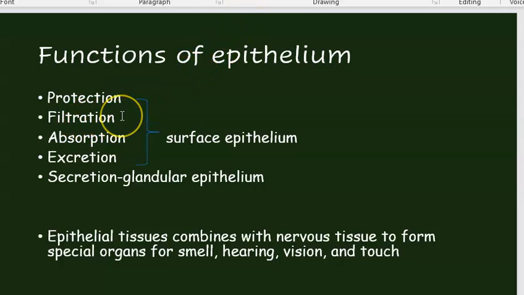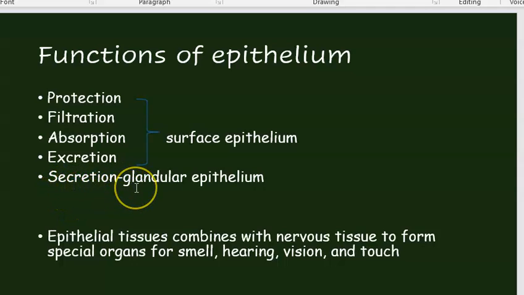The next is filtration. In case of nephrons, the glomerulus is filtrating the blood. Then next are those surfaces which are found on the intestines. Their main function is absorption of nutrients. Then excretion. This is also found in the intestines as well as in the nephrons.